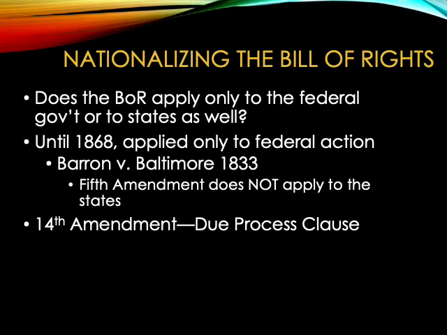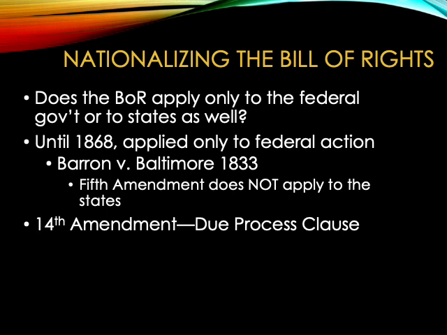What the 14th Amendment says is that no state can take away your life, liberty, or property without due process of law. The idea of the 14th Amendment was to prohibit states from taking away newly freed enslaved people's rights, their property, their liberty.